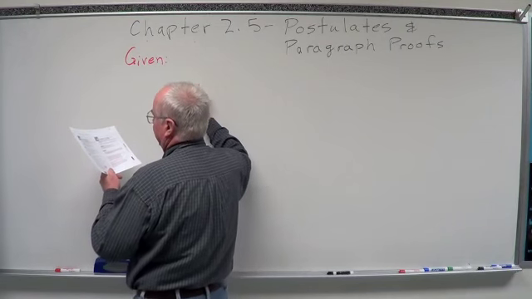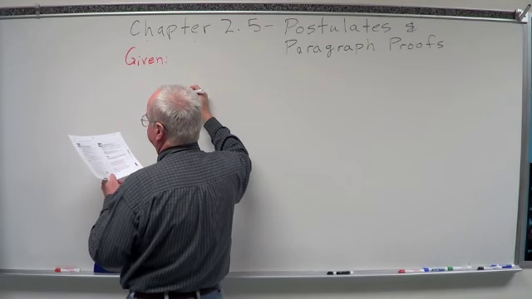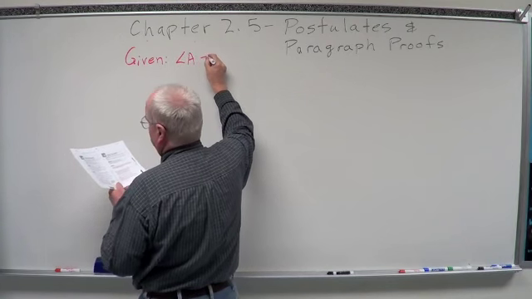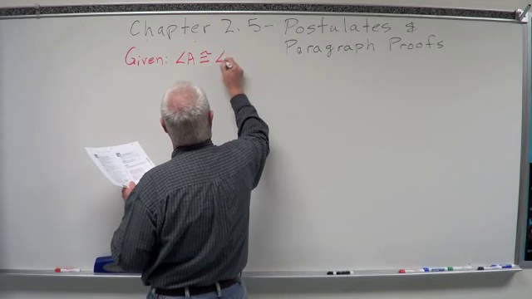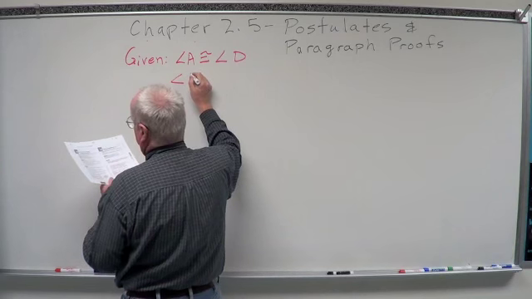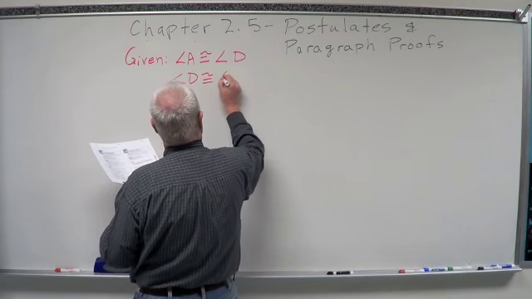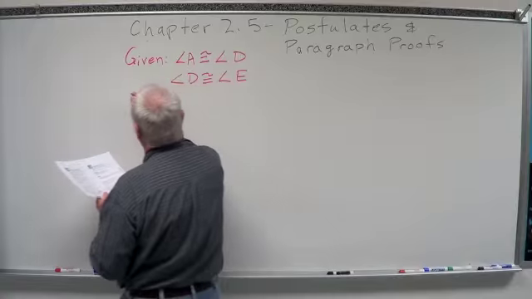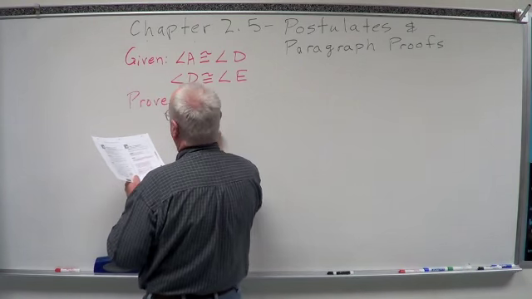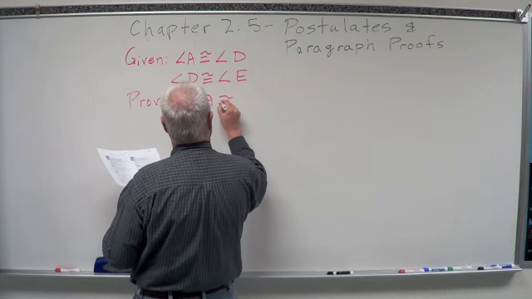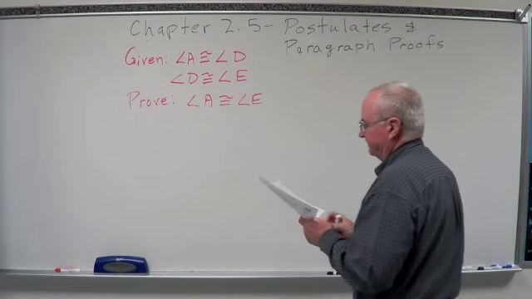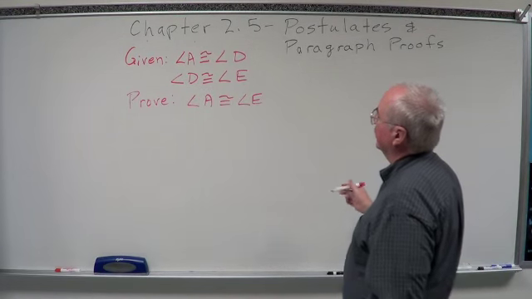Given that angle A is congruent to angle D. And we're also given that angle D is congruent to angle E. Prove angle A is congruent to angle E. Okay? All right.